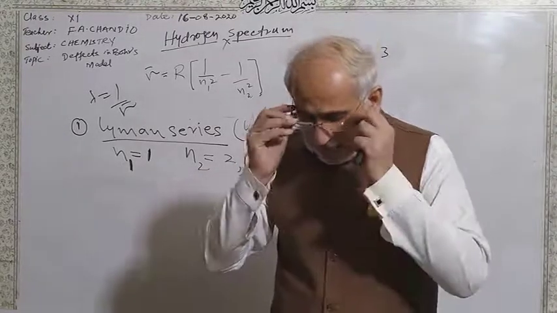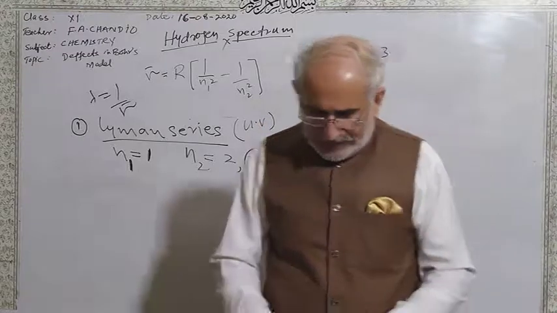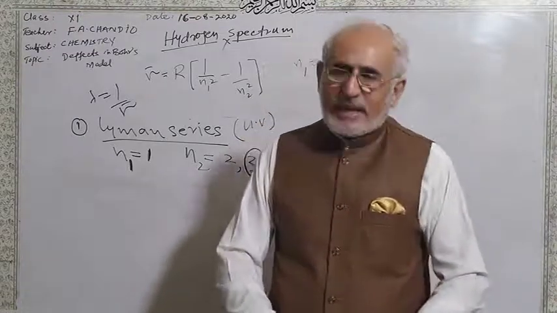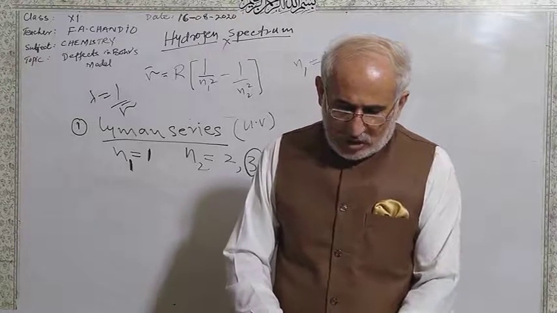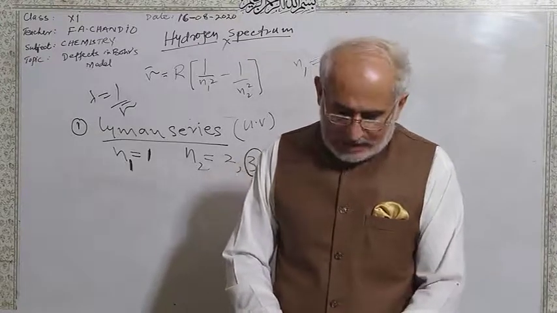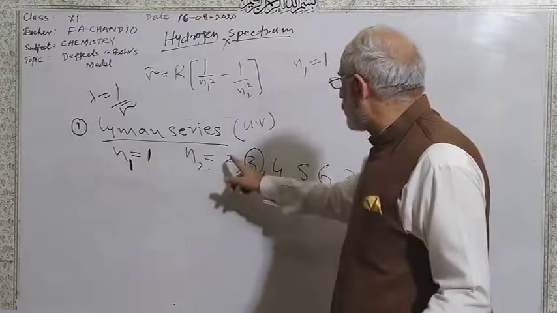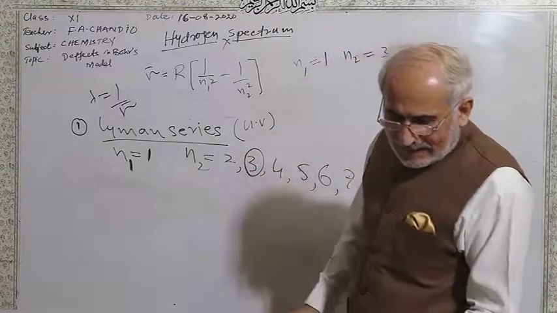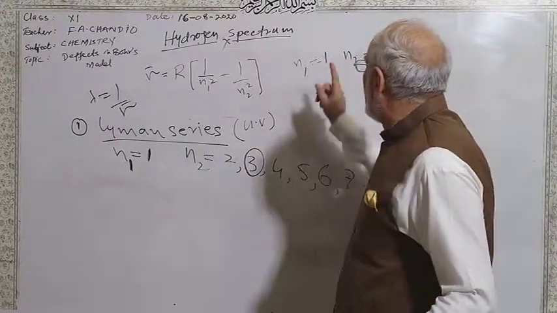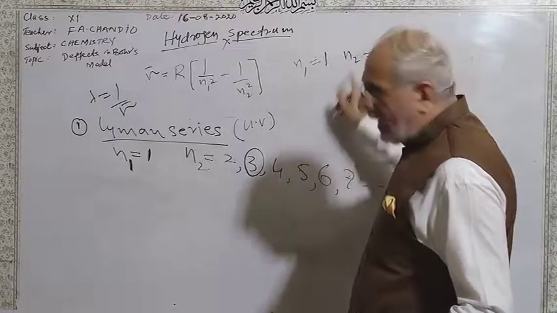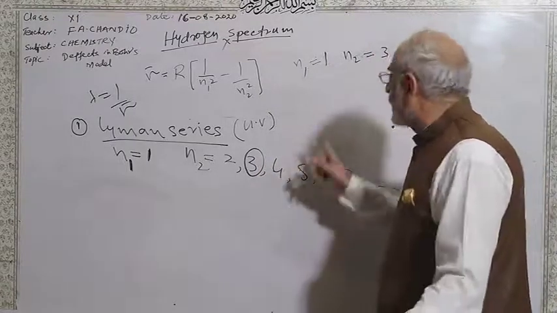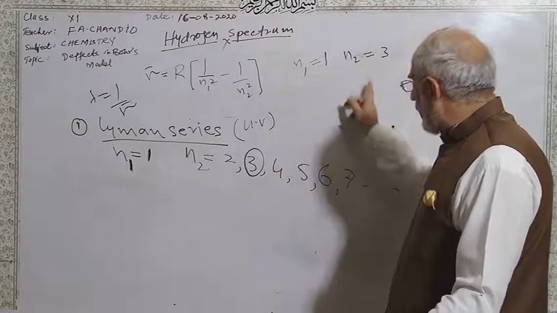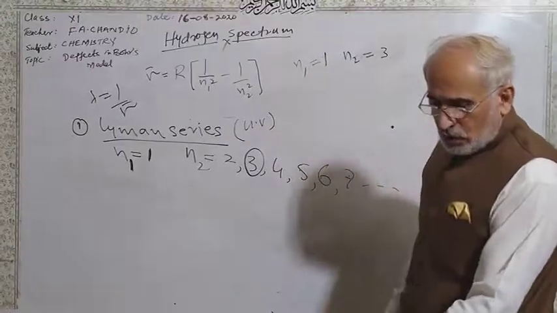If you open the next page, first line, n1 is equal to 1 for the Lyman series, and n2 for the first line is 2. Second line of the Lyman series, n1 is equal to 1 and n2 is equal to 3. Third line of the Lyman series is n1 equal to 1 and n2 equal to 4.